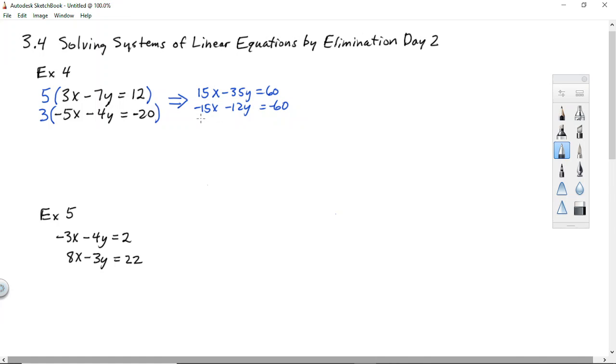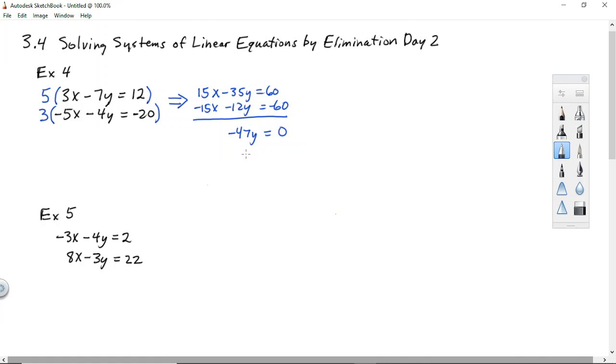So now we add the equations together, and the x's go away. 15x plus negative 15x is 0x. In the middle we have negative 47y, and over here we have 0.